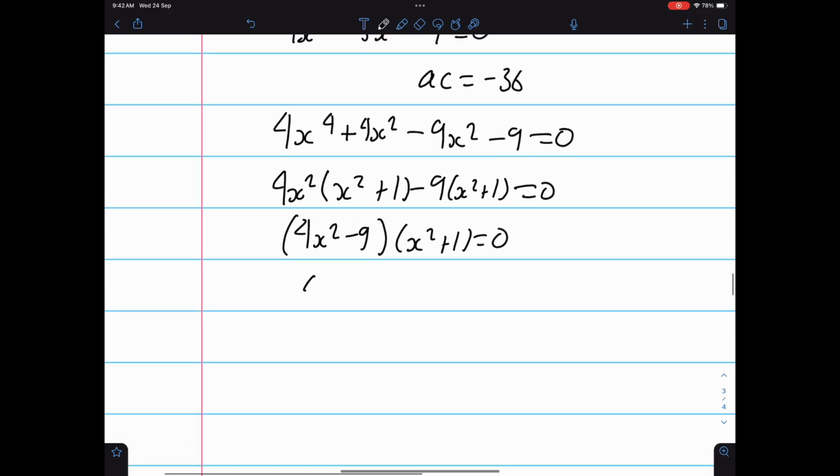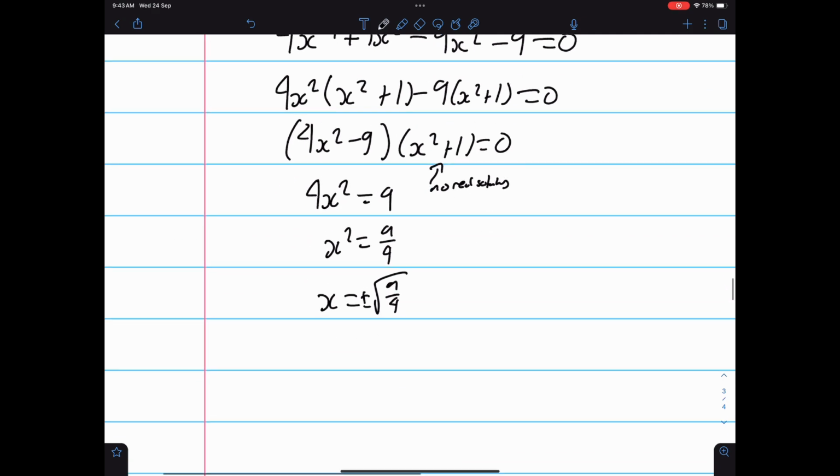Right, and then the x squared plus 1 just gets you no real solutions. So 4x squared will equal 9, x squared is 9 over 4, x will be the root of that. So x is either 3 over 2 or x equals minus 3 over 2.